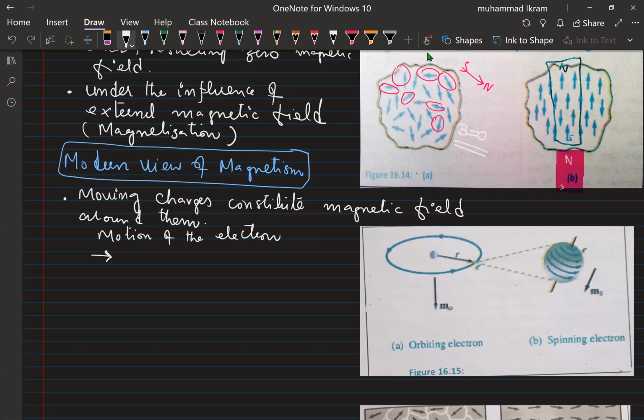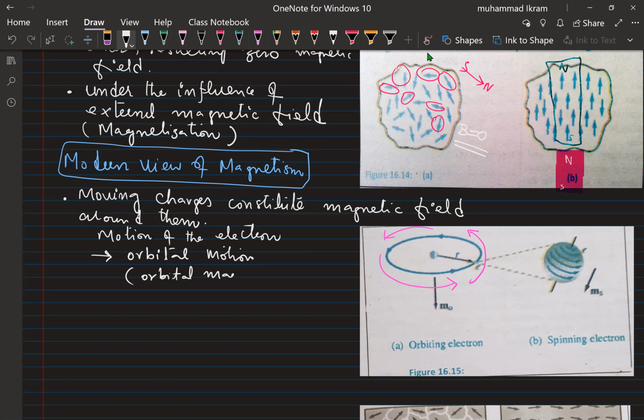One is the orbital motion of the electron, the motion of the electron in its orbit. As you see here, this is the orbital motion of the electron when it is in its orbit.